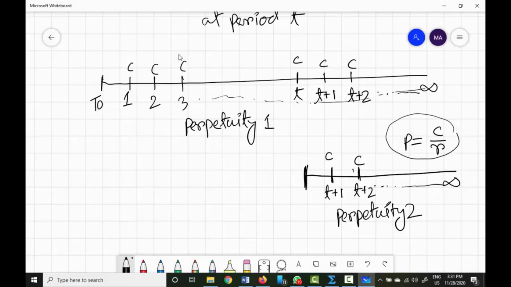This perpetuity has started from this period, so if you apply this formula for perpetuity 2, this C by R value you will get at period T, right?